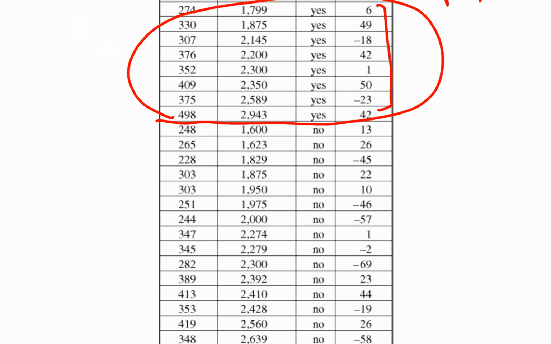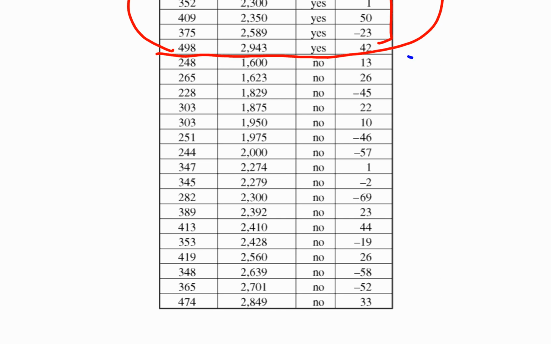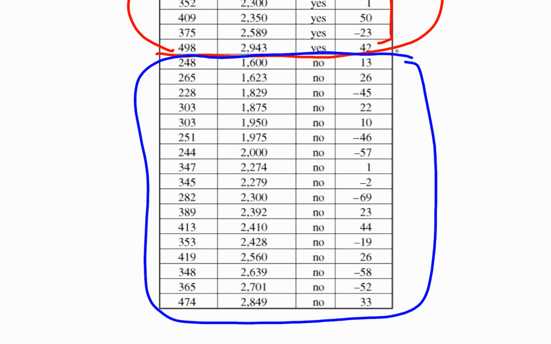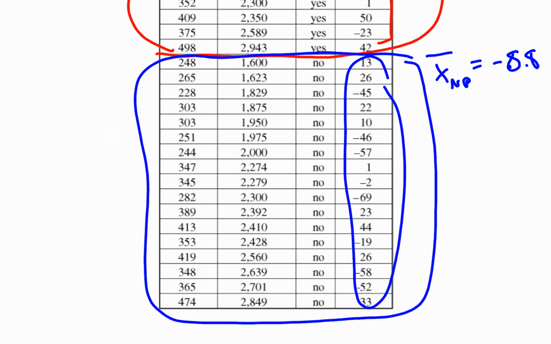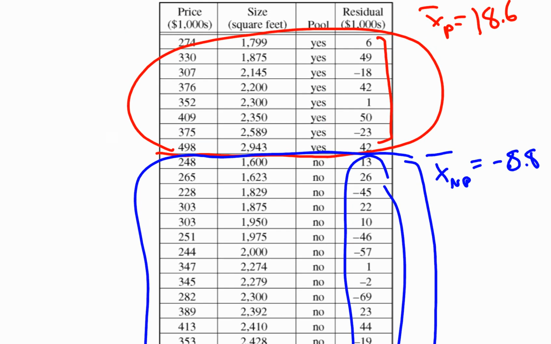And then similarly, if we looked at all the rest of the homes that did not have a swimming pool, we can find the average, which I'm going to call X bar NP for no pool, and that turns out to be about negative 8.8. So you have to take the time to plug all those residuals into your calculator and find the average.